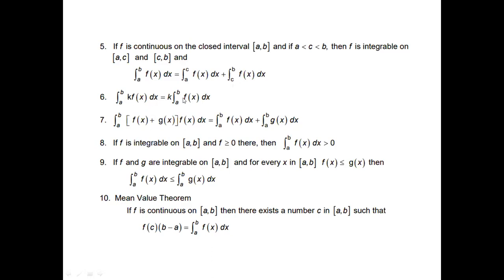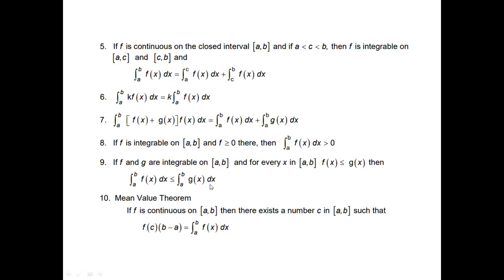This one is very simple. That's for a constant, and this one is for a sum, and this one for functions greater than or equal to 0, and for functions that are less than or equal to, even if greater than, this would also work. Okay, it's already a given that the function f of x is less than or equal to g of x.